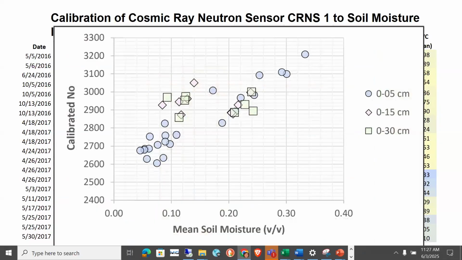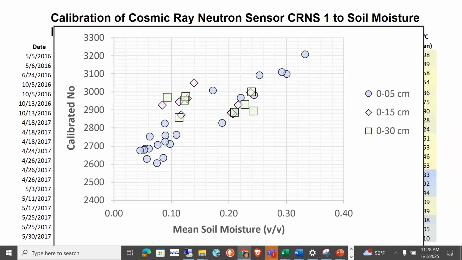So here's a graph of those data looking at the calibrated N0. So that's the number that we're really caring about right now. And the mean soil moisture, this is from the probe data. And you can see over all these data, for the 0 to 5, there's quite a trend. I don't fit a trend line because I don't think that's yet meaningful.